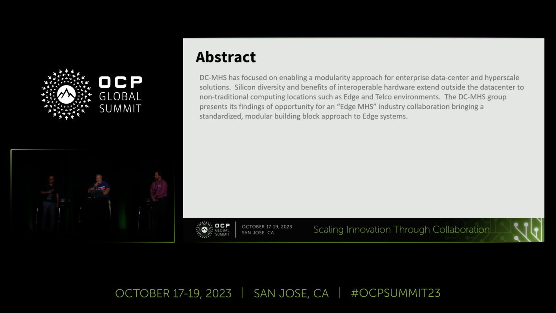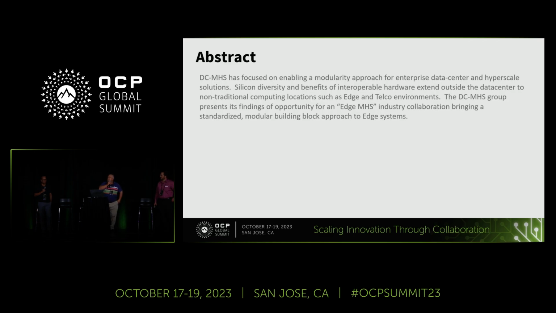So we're here today to talk with you about some of the elements that we've been doing in DC-MHS, and the need we've been seeing for similar substructures and building blocks for Edge solutions. We're looking at whether this is a possibility, whether it makes sense, and how it can materialize into better efficiencies for Edge solutions.